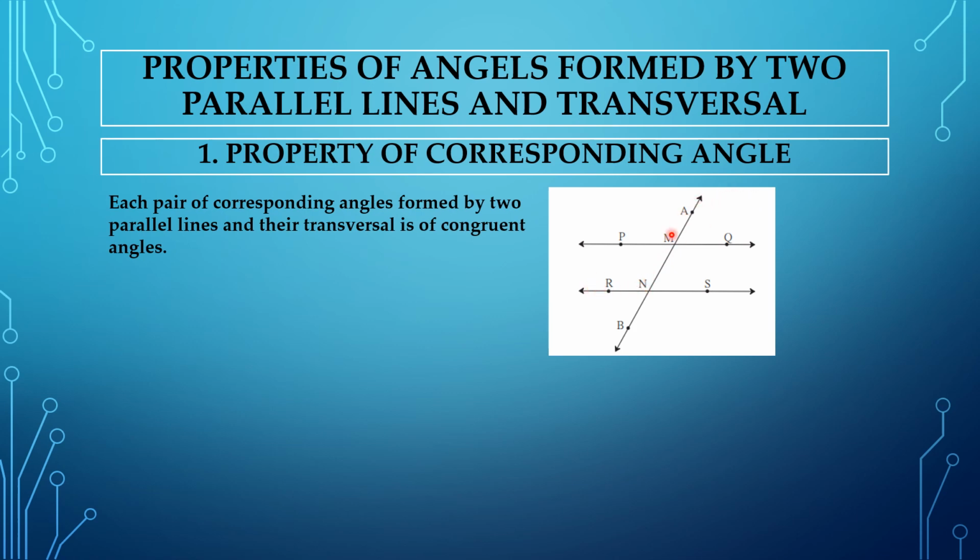Another is angle AMQ and angle MNS. In such a way, four pairs of corresponding angles are formed by two parallel lines and a transversal. So what it states is that each pair of corresponding angles formed by two parallel lines and the transversal is congruent, which means angle AMP is congruent to angle MNR.